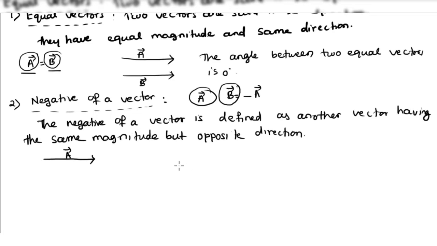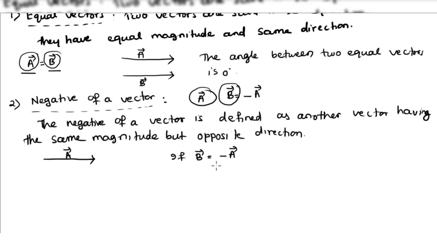So remember that the negative of a vector is also a vector, and the magnitude of that vector is the same as the given vector. Means if B vector is equal to minus of A vector, it means the magnitude of B vector will be the same as the magnitude of A vector, but the direction of B vector will be opposite to the direction of A vector.